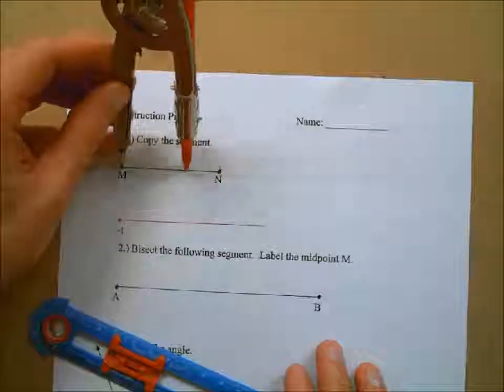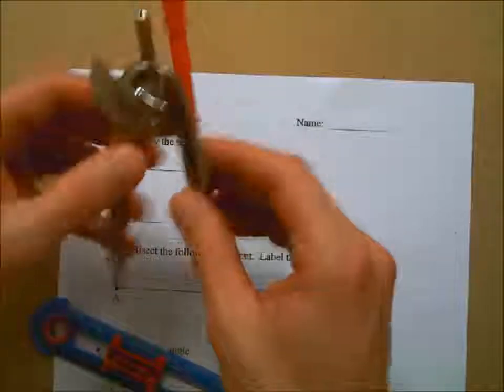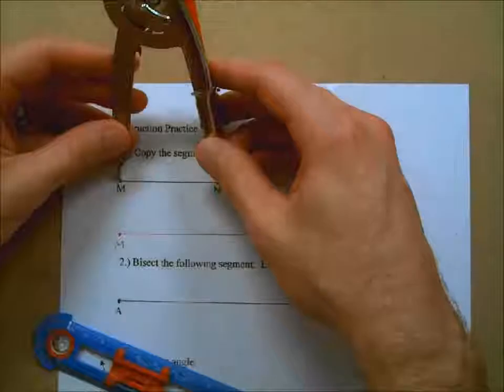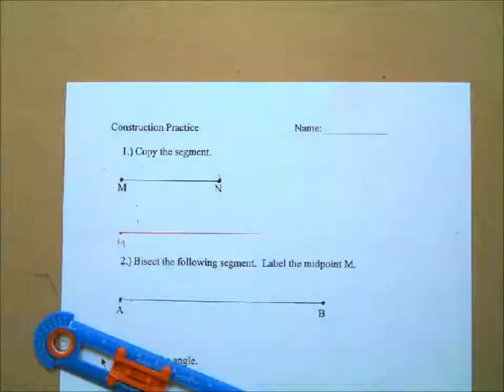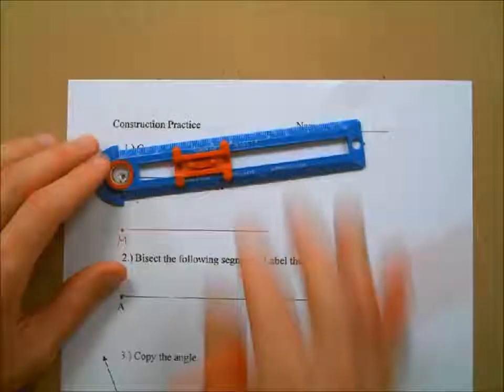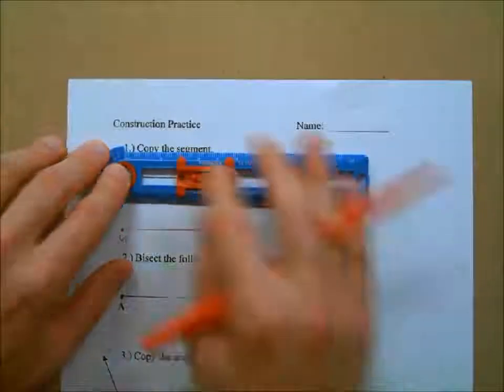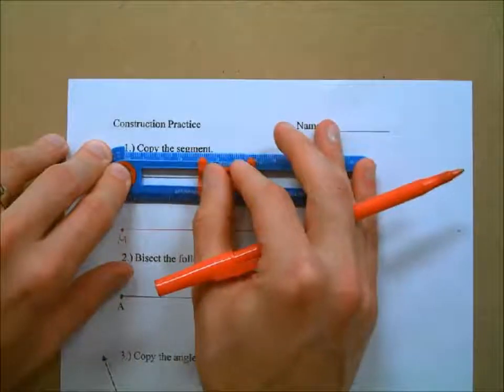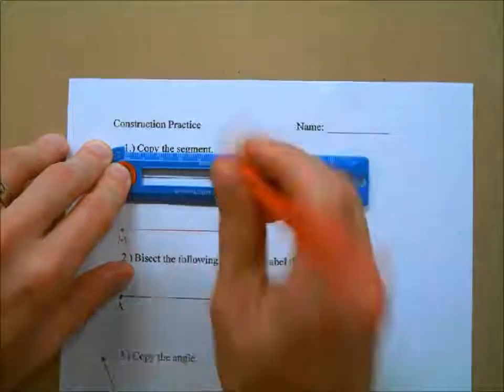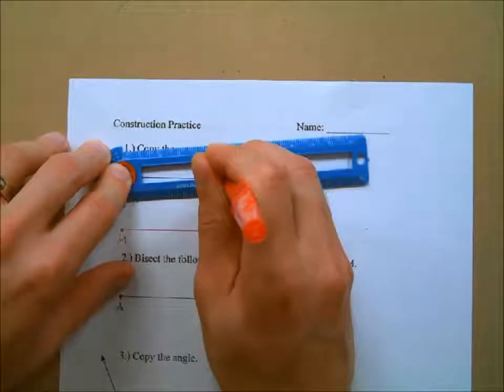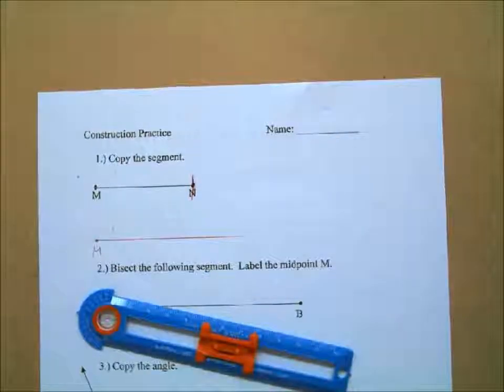Okay, but mine is super loose here, so it's not going to stay. I'll just have to do it with this. Okay, so compass point on M, and then you're going to swipe to show that you've marked off N, just like that.